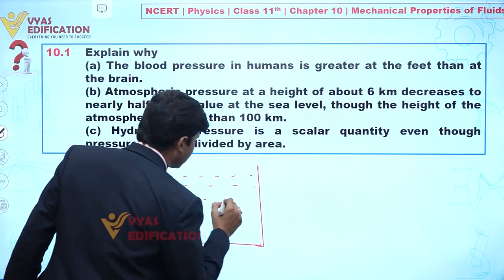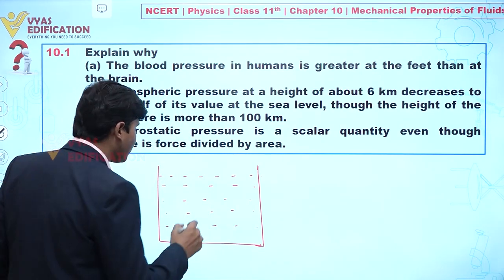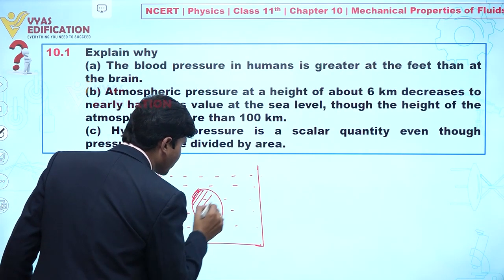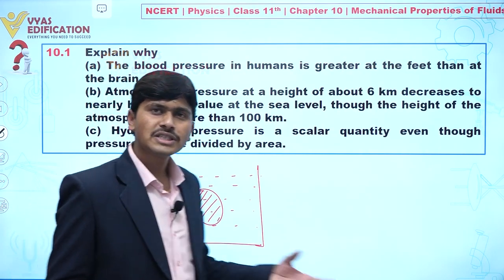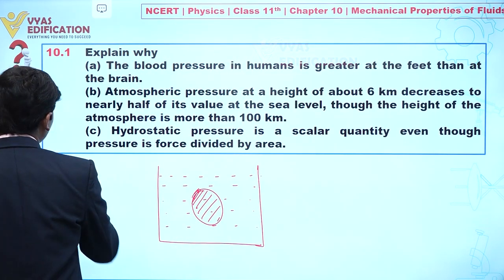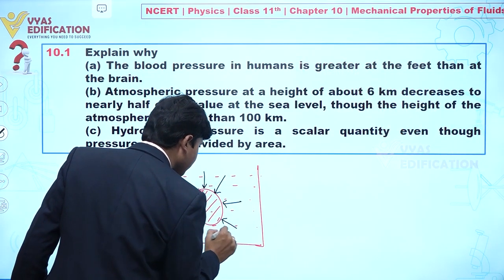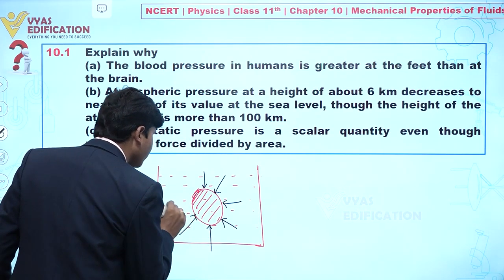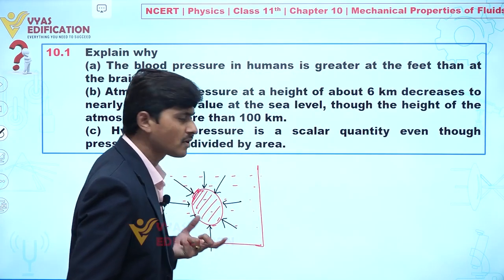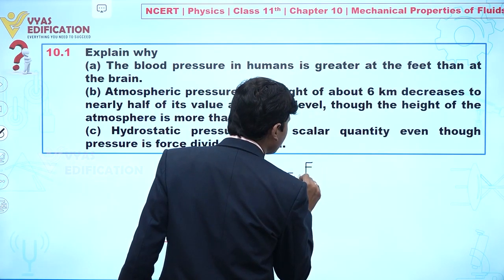Suppose we have a ball, let's say a cricket ball, inside this liquid. According to Pascal's law, the force is exerted perpendicular to the surface like this. This force exerted per unit area is known as pressure.